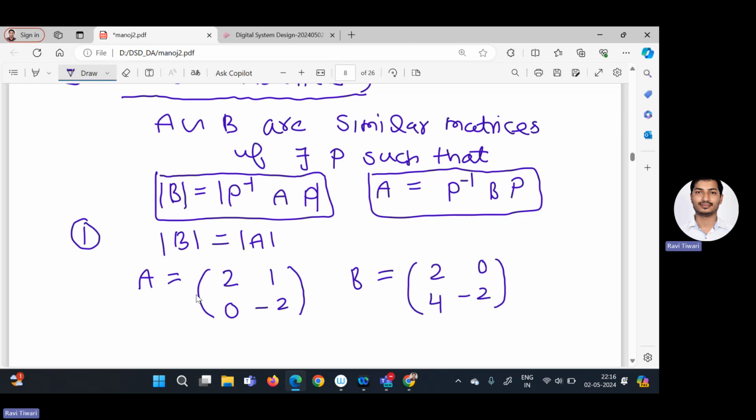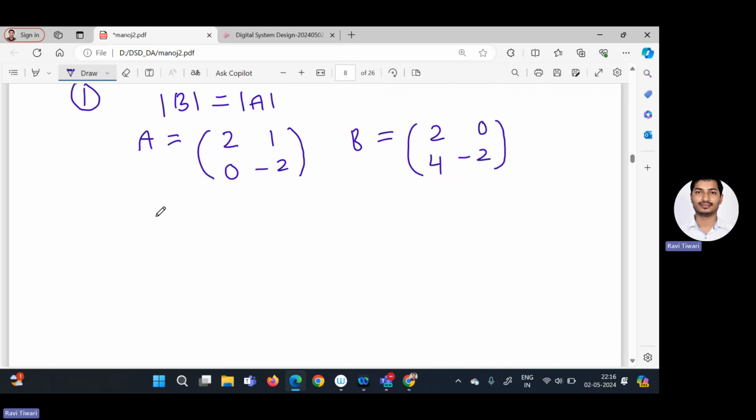The converse statement is: if A and B have the same eigenvalues, determinant and characteristic equation, then we cannot claim that A and B are similar matrices. But if A and B are similar matrices, then we can say A and B have the same eigenvalues, characteristic equation, determinant and trace.